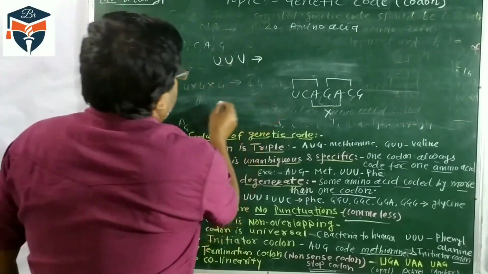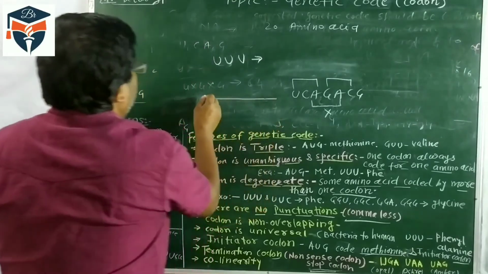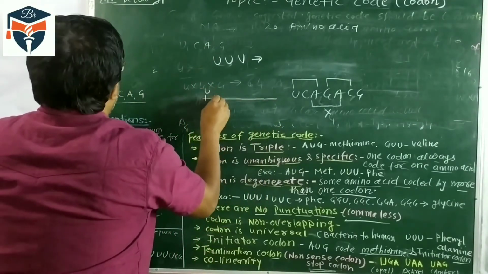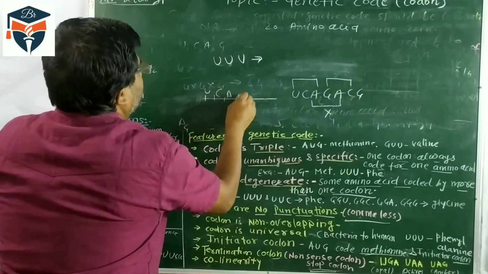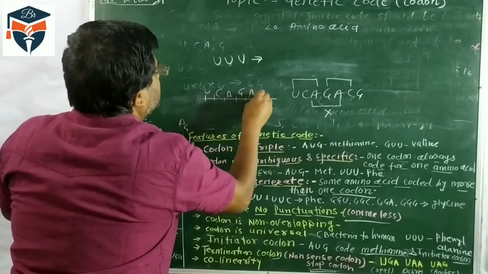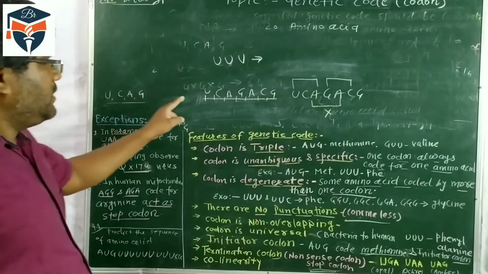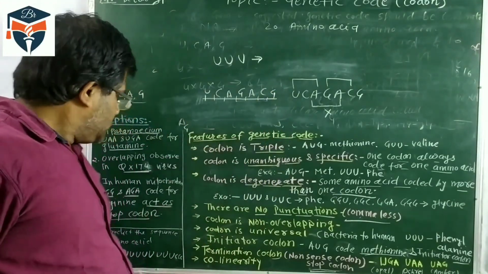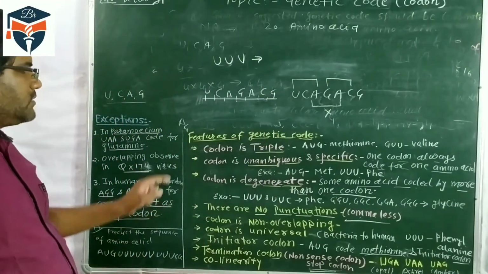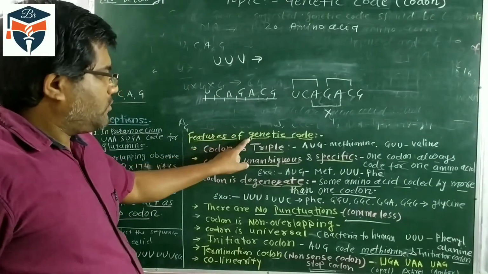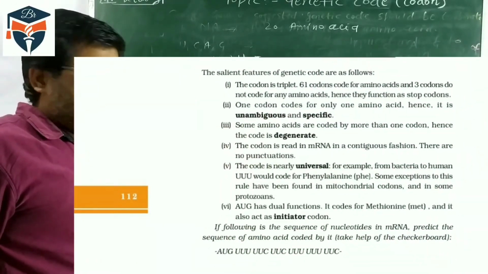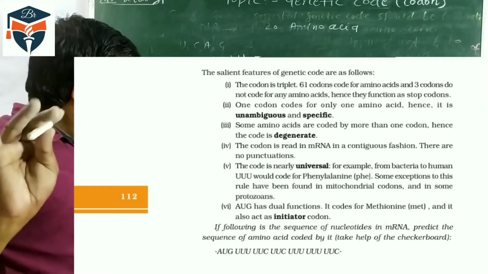Collinearity means these nitrogenous bases are linearly arranged on the mRNA molecule. The fashion of arrangement of the nitrogenous bases on the mRNA is in linear order. So these are the characteristics or features of the genetic code. Codon is triplet.